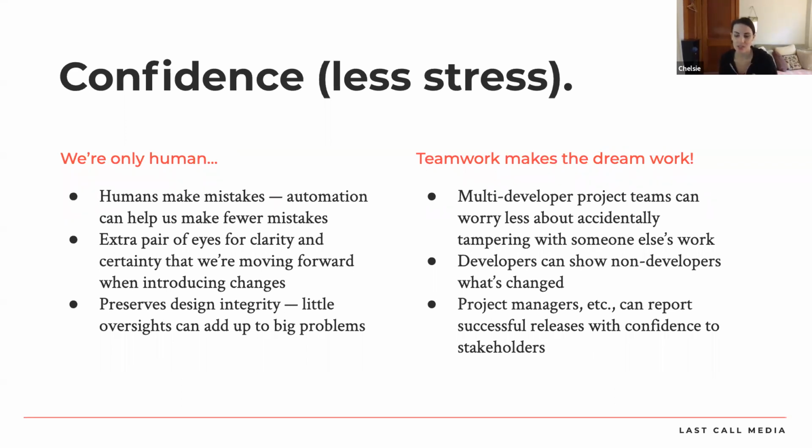And of course, you want to deliver quality. So just finding a way to protect that quality. You can also use this to show non-developers the changes that have been made and view them in multiple viewports, which is nice.